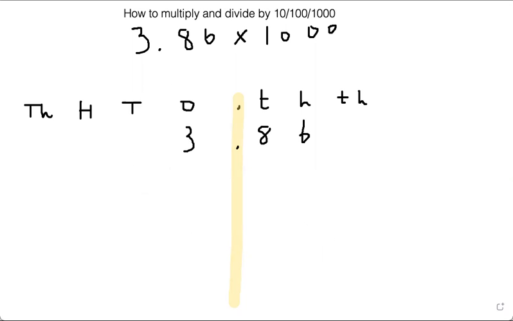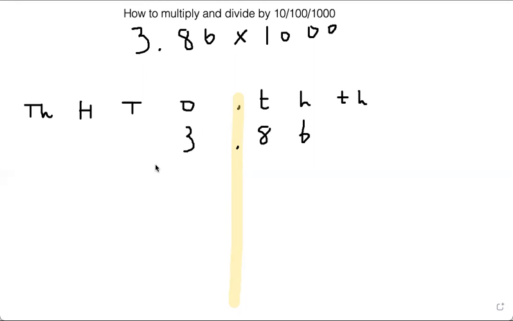Now the question is, how many spaces does each number jump? This depends on if you are multiplying or dividing by 10, 100, or 1000. The number of zeros in 10, 100, or 1000 tells you how many jumps you are doing. 1000 has 3 zeros, so every number is going to jump 3 place value spaces.